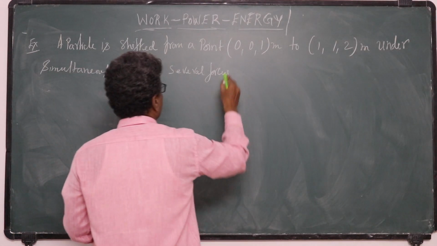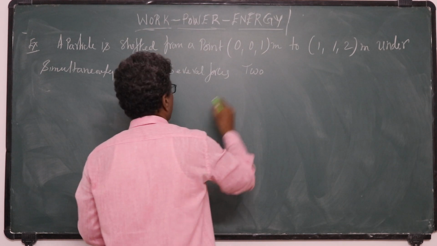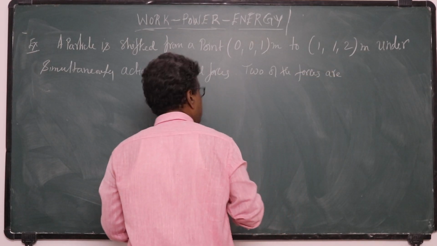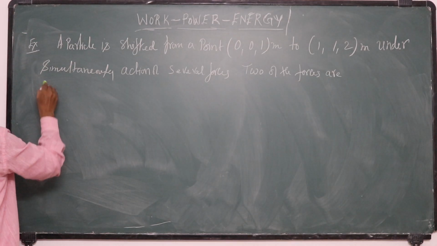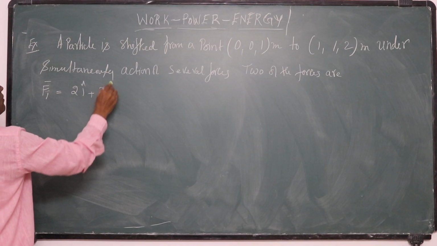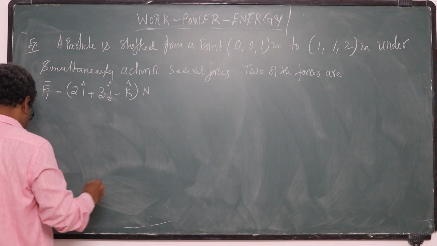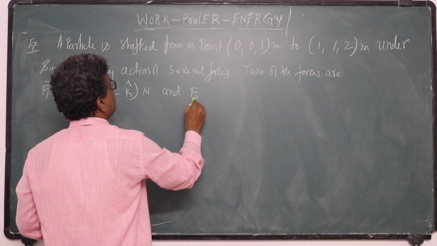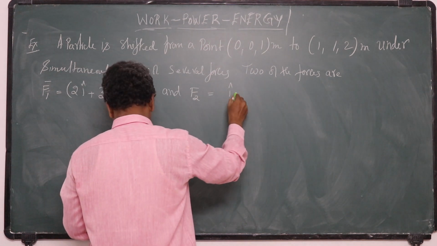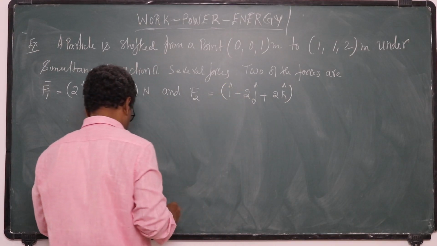Two of the forces are F1 equal to 2 I cap plus 3 j cap minus k cap newtons, and F2 equal to I cap minus 2 j cap plus 2 k cap newtons.